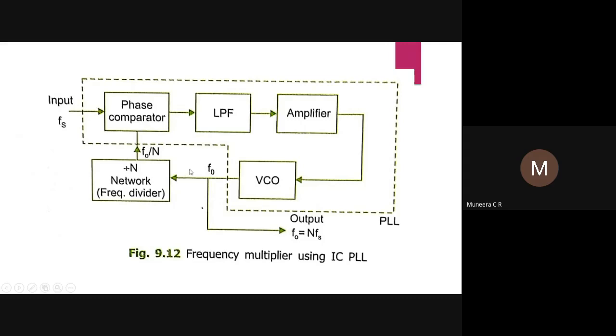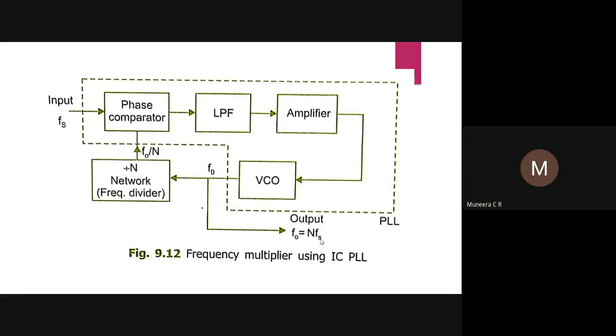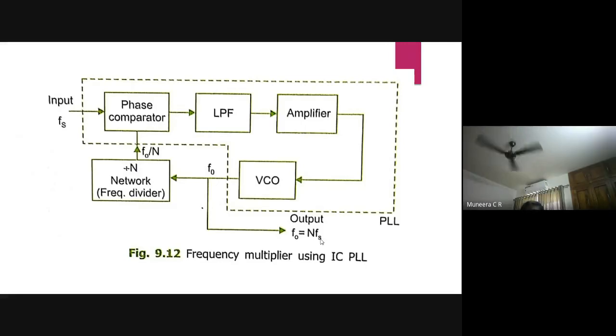So what is F naught? F naught by n is equal to Fs. So what is F naught? F naught is n times Fs. This output will act as a multiplying factor on the incoming signal.